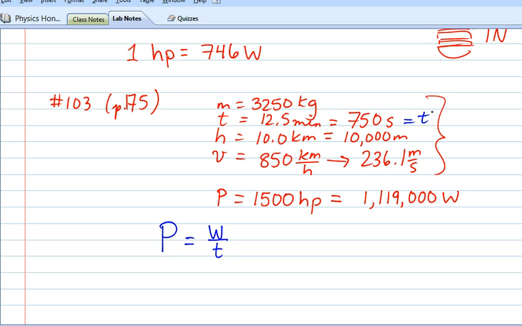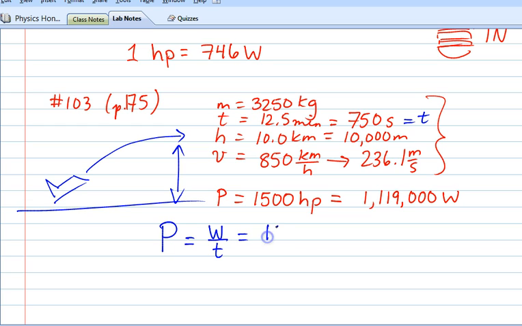The work, on the other hand, well, what work is involved in making this plane reach its cruising altitude of 10 kilometers? The plane has two things that it's got to do. It's got to reach a certain speed, and we know that takes kinetic energy, which we already talked about.